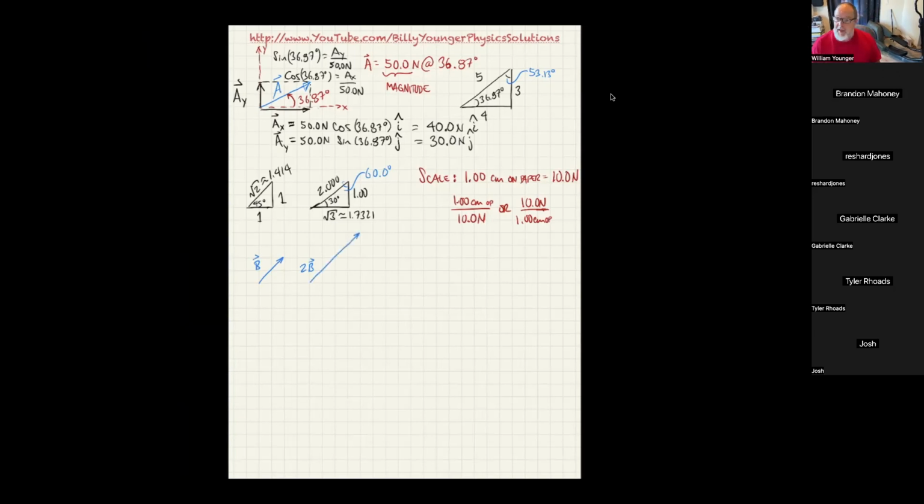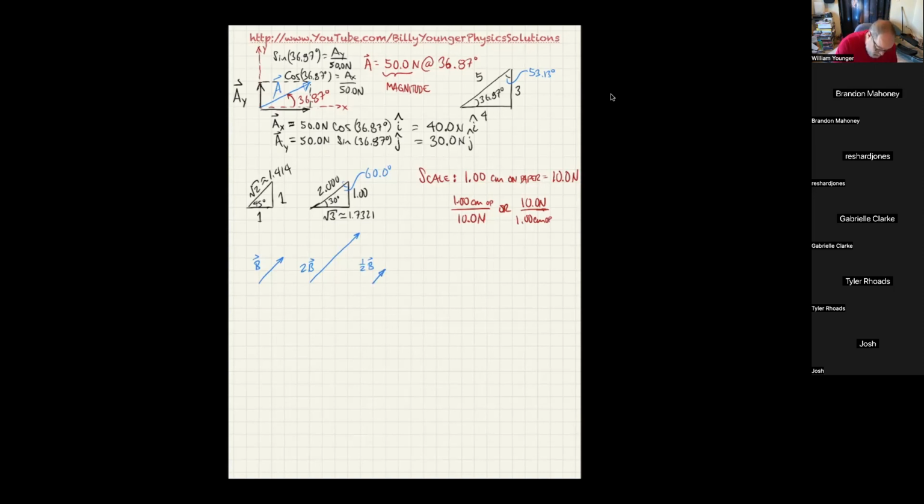So when you multiply a scalar by a vector, if the scalar is bigger than 1, it makes it bigger, but doesn't change the direction. And if it's smaller than 1, it makes it smaller, and again, doesn't change the direction, assuming the scalar is a constant. If, for instance, I wanted to draw 1/2 b, then that would look just like this. Okay, notice how all three of those vectors are parallel.